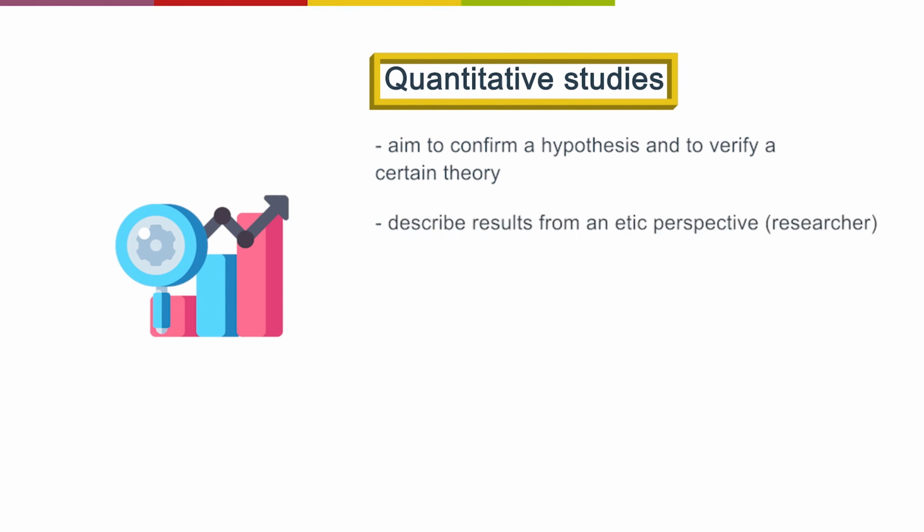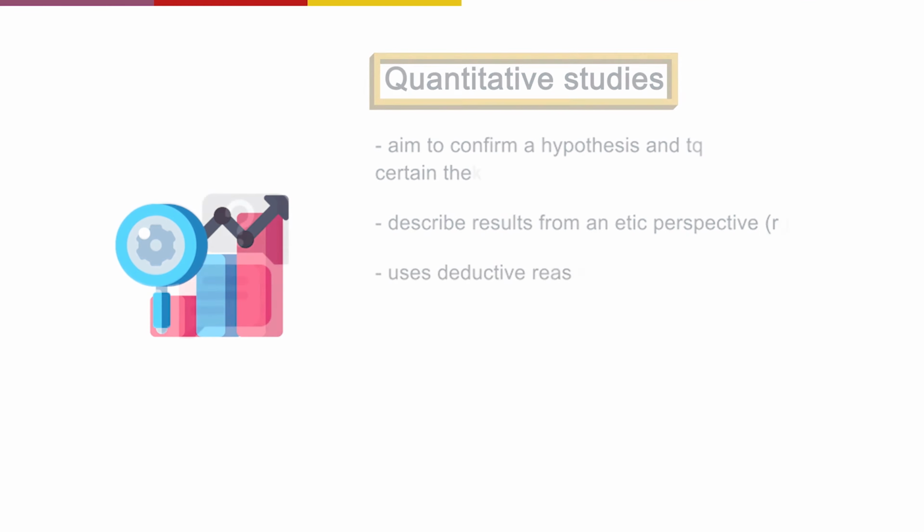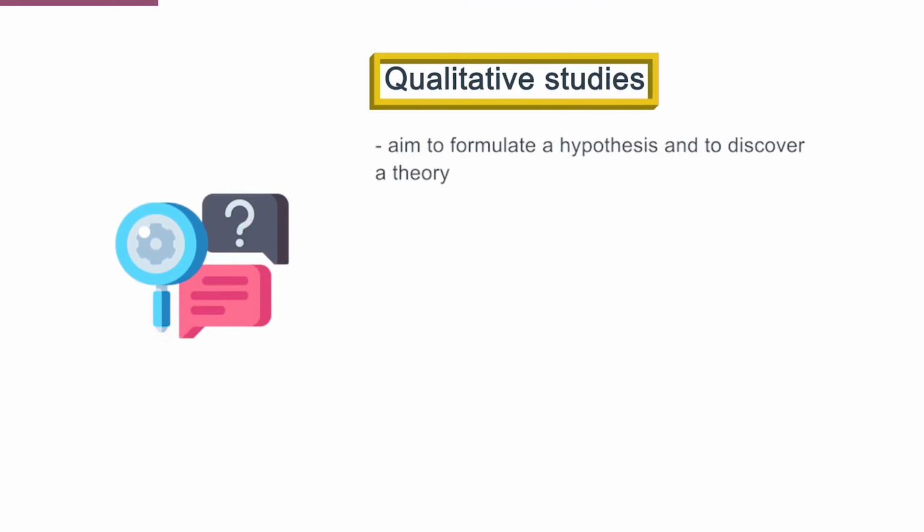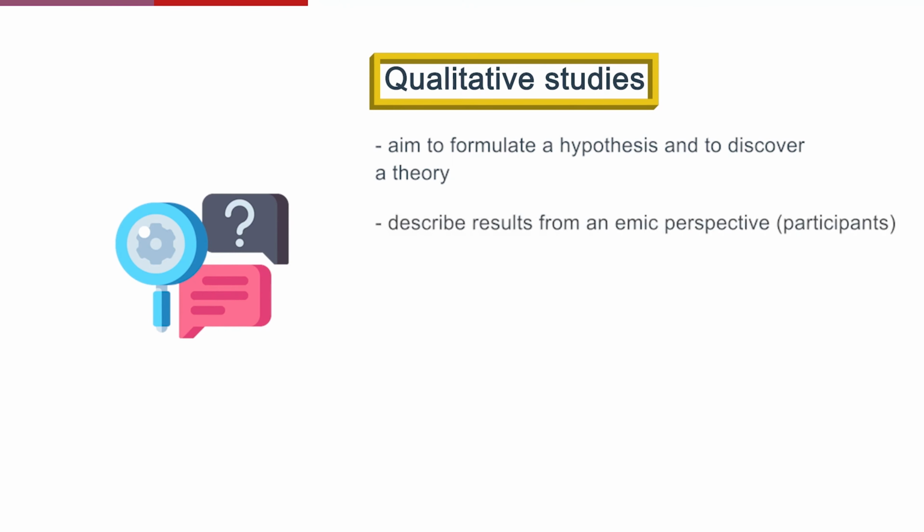Researchers describe results from an etic perspective, from the perspective of the researchers, and use deductive reasoning from abstract to concrete. Qualitative studies aim to formulate a hypothesis and to discover a theory. Researchers describe the result from an emic perspective, from the perspective of the participants, and use inductive reasoning from concrete to abstract.